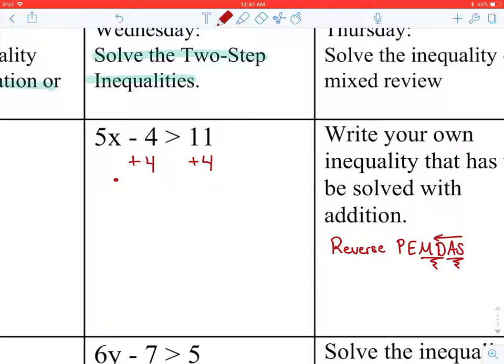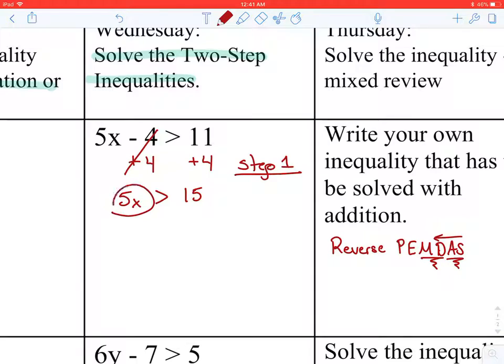And we know that on this left side, 5x minus 4 plus 4, that minus 4 and plus 4 are going to cancel each other out and leave you with just 5x on the left side. In the addition or subtraction properties of inequalities, the symbol does not change as long as you're adding the same number. And then 11 plus 4 gives me 15. So step 1 is done, which is everything like we've done on Monday.